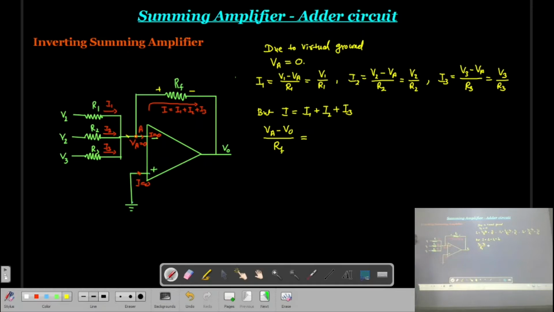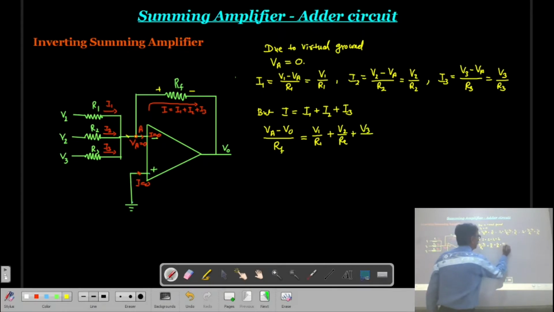And I1 plus I2 plus I3 is V1 by R1 plus V2 by R2 plus V3 by R3.